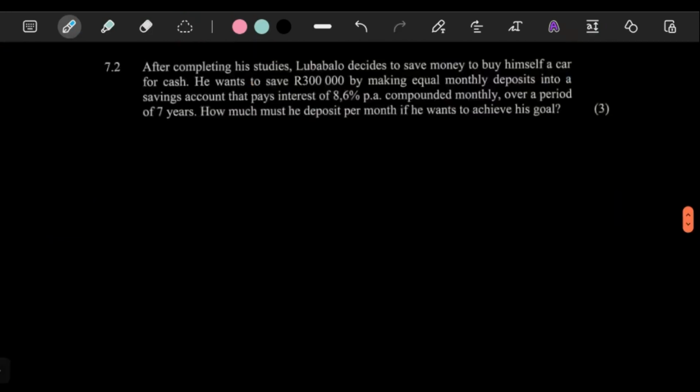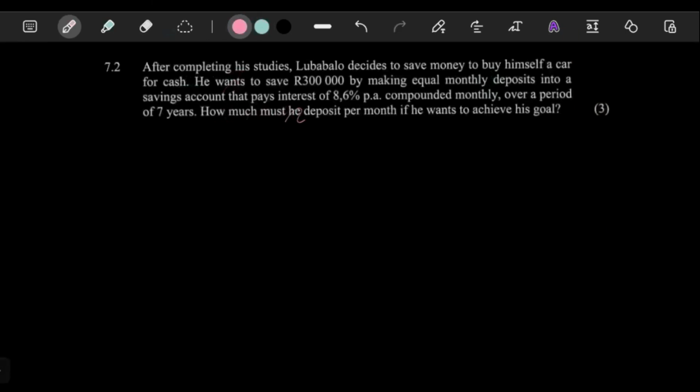7.2 says, after completing his studies, Lubabalo decides to save money to buy himself a car for cash. He wants to save 300,000 by making equal monthly deposits into a savings account that pays interest at 8.6% per annum compounded monthly over a period of 7 years.